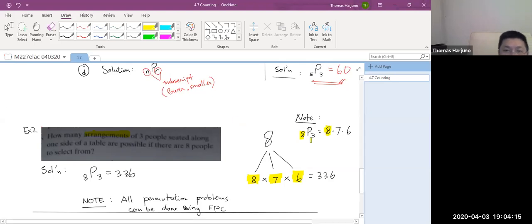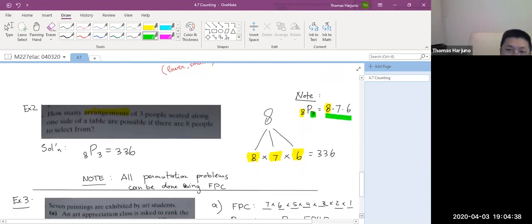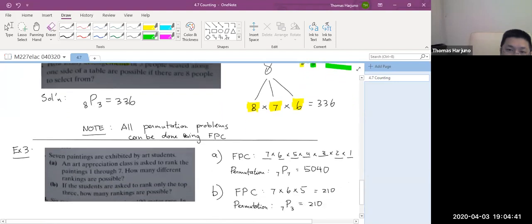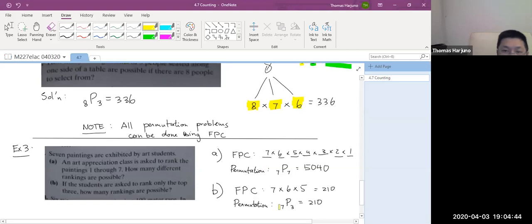And the subscript 3 represents the number of factors, from 8 to 7 to 6. So 8 permute 3 means start from 8, and then 2 factors after that, a total of 3 factors down. Likewise, in part B, 7 permute 3 means you start from 7, and the subscript 3 implies you have 3 factors down from 7.